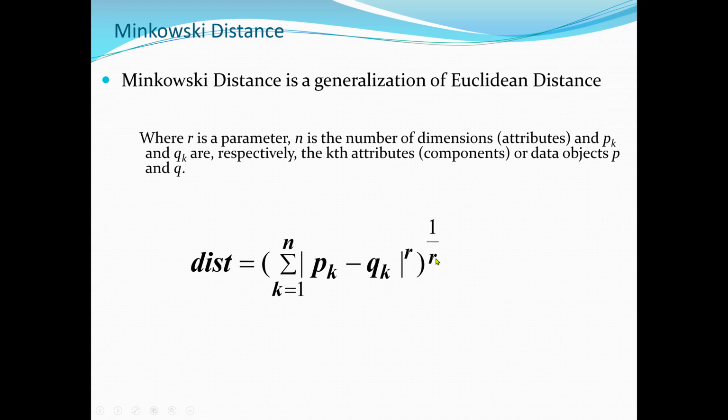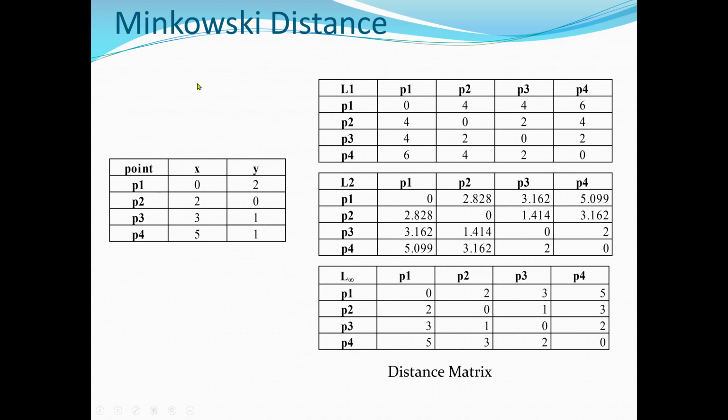And the difference is the root. With Euclidean distance, we always use everything raised to the power half, which is the square root. But with Minkowski, the r depends on the parameter we have. So this is an example of Minkowski. Same concept, the same data points as the example for Euclidean distance. So here we use the formula again to find the values between the 2 points.